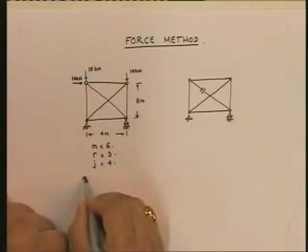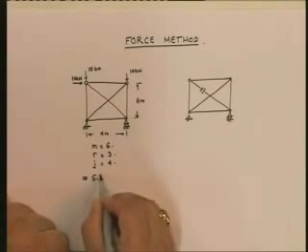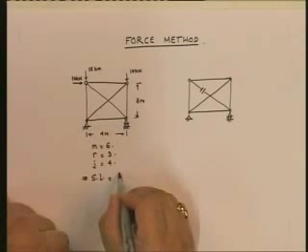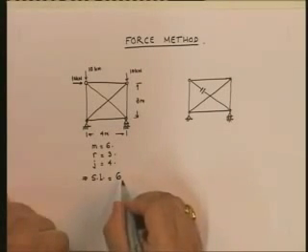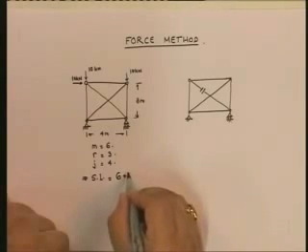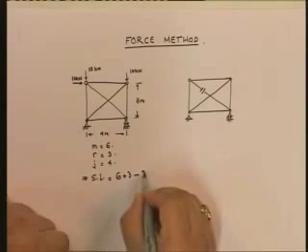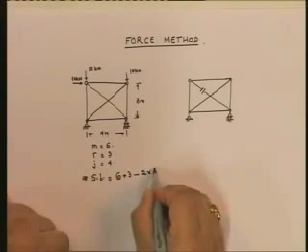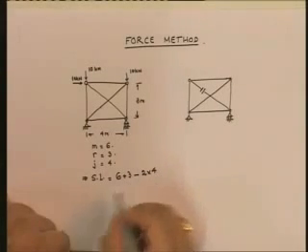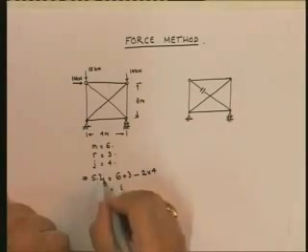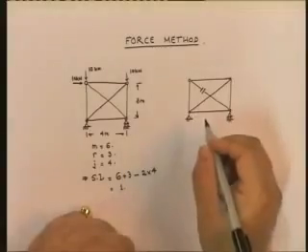So, if you look at the static indeterminacy, it is equal to number of unknowns, 1 for each member plus the number of reactions, minus the number of equations of equilibrium that you have, which is 2 per joint, and this is equal to 1. So, therefore, this is a single indeterminate structure. It is a truss which has a single degree of indeterminacy.